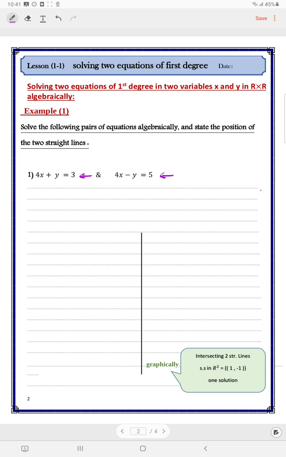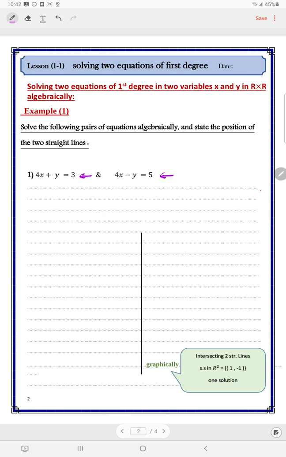Because if the two straight lines are parallel or coincident, I don't need any other steps or methods. Just determine the position, then I will write the answer directly. But if the two straight lines are intersecting, then I need to continue solving to find the solution set. Let's see.